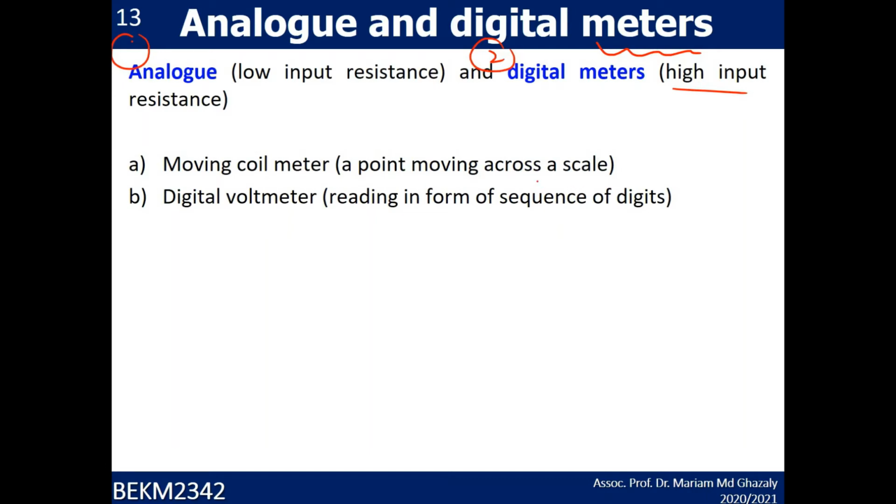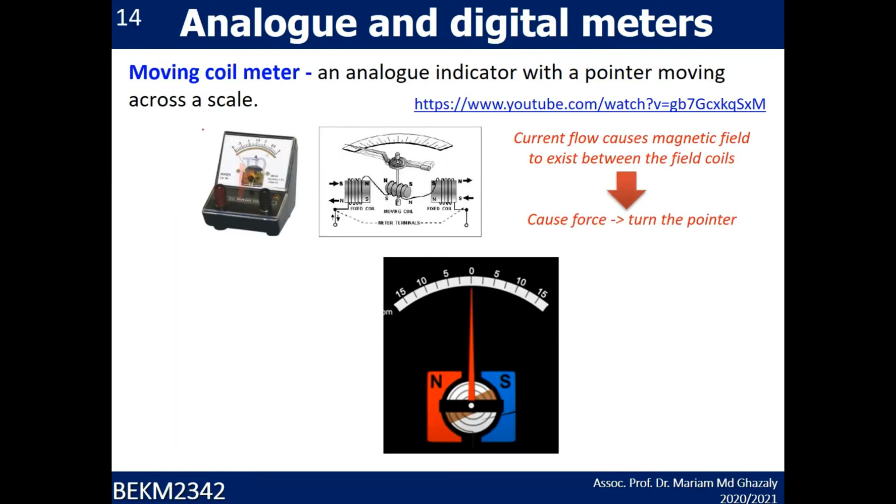I will explain this later in the next slide. Another one is the digital voltmeter, where you can read the voltage in the form of a sequence of digits. The moving coil meter is an analog indicator with a pointer moving across it. I think you have seen this before.